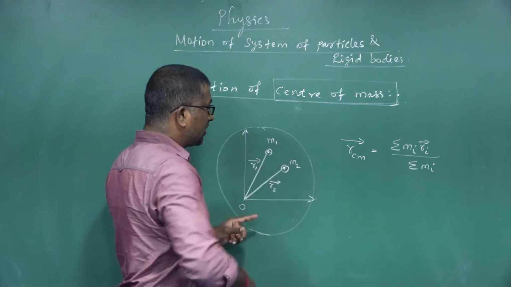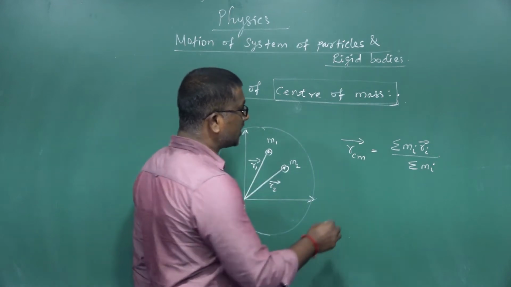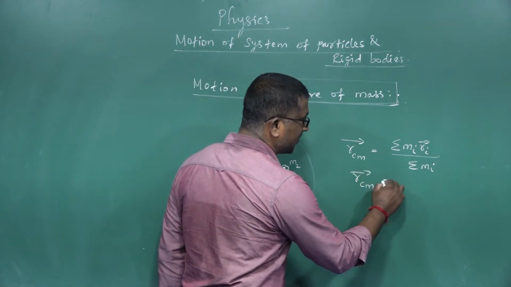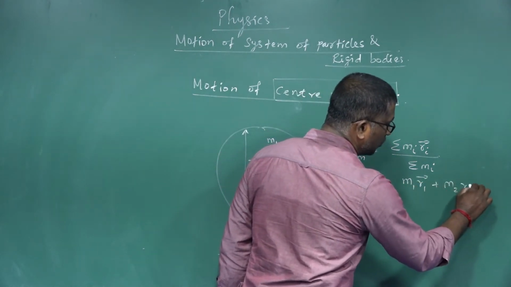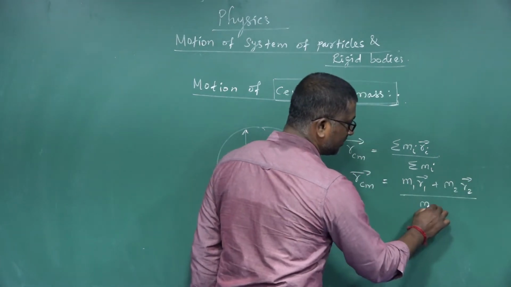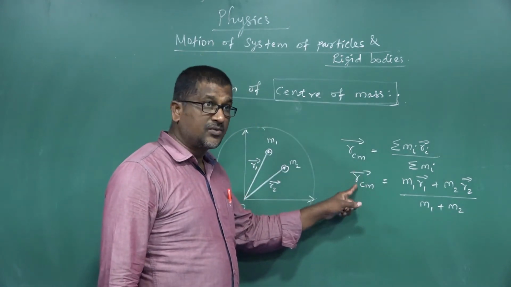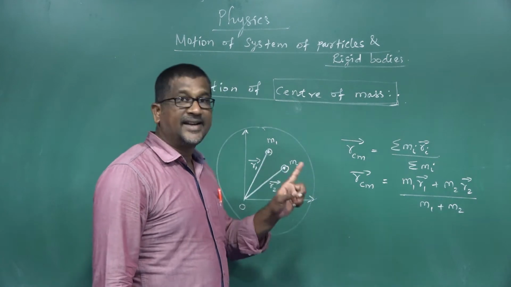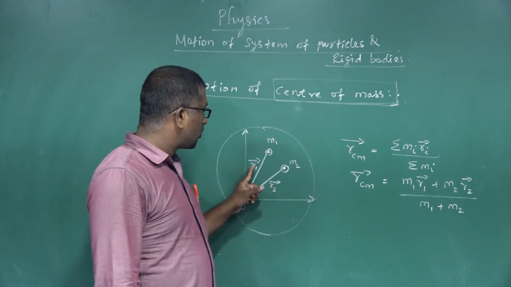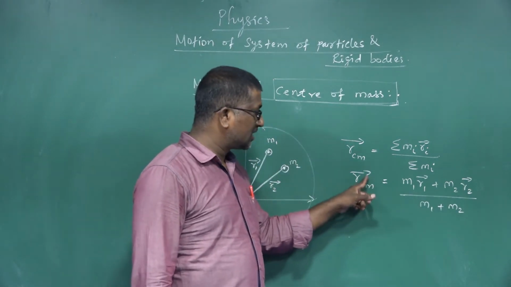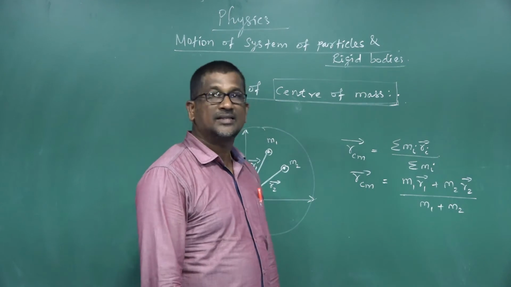For two particles, the position vector of the center of mass is given by R_CM vector equals m1 r1 vector plus m2 r2 vector divided by m1 plus m2.